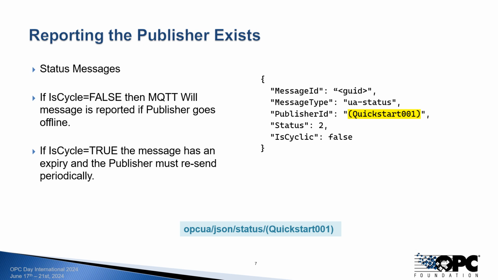So in addition to publishing the data, you actually have to provide some information about your current status as a publisher. And so any pub sub will have to create the status message and publish it to the well-known status topic. Now, every publisher has to have an identifier which is unique within the context of the system, which in many cases is simply the broker that you're connecting to.